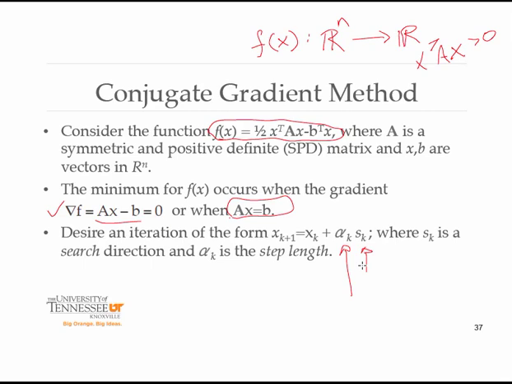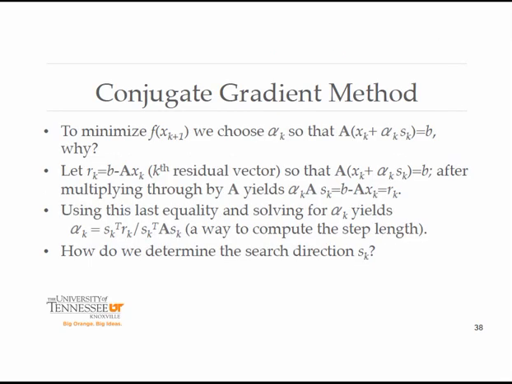When we hit the minimum of the function f, we've actually solved the linear system, because that's where the gradient would be 0. So if we found an update x_(k+1), we want to see how well it minimizes the function f.